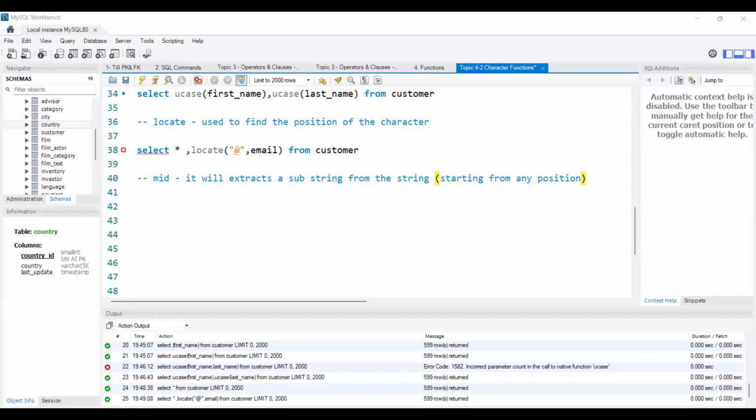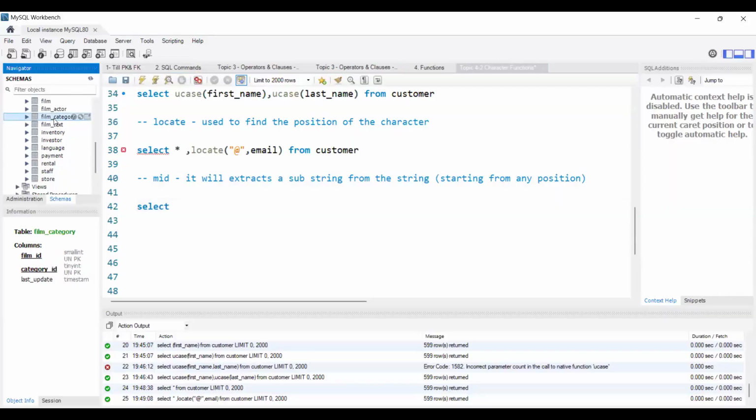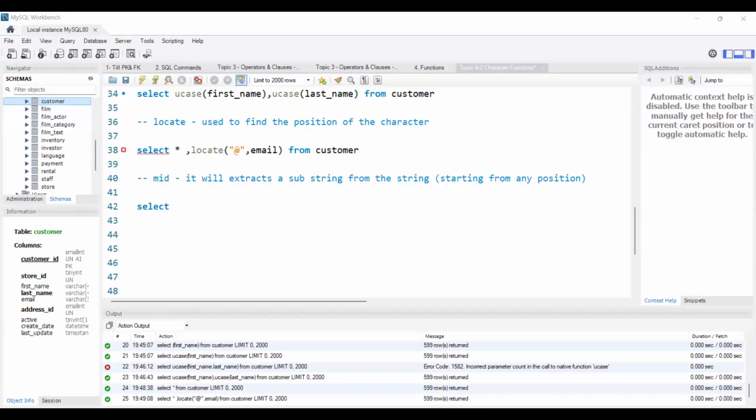Let's see an example. I will say select first name, comma, mid of.